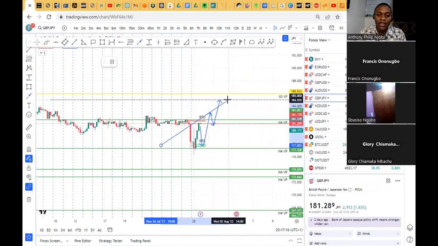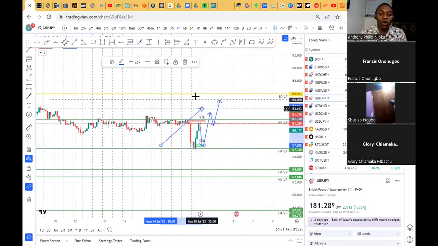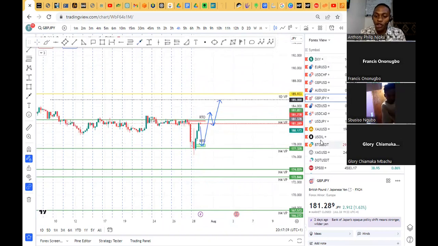Then I have a psychological level of 185 reaction. From there, you now start expecting next bias. Well, any buy setup you have from an institutional level, if you're buying at a premium, you need to look for a discount buy setup, taking you to the 185 psychological level for GBP/JPY.